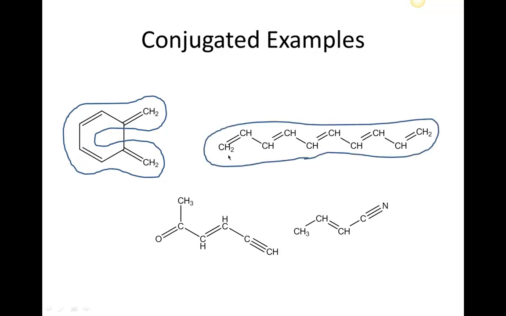If we look at this molecule, the conjugated system again includes all of the carbons, and it's more like a line. When you look at this example down here, you notice that this carbon out here has been left out. All of its bonds are sigma bonds, so it can't participate in the conjugated system. Only these atoms, and here again I've got an example with an oxygen and also a triple bond.